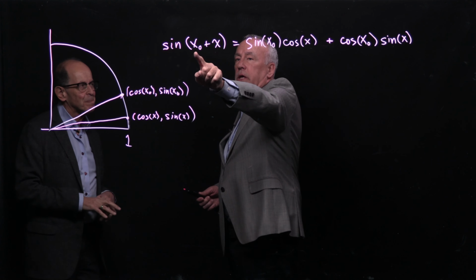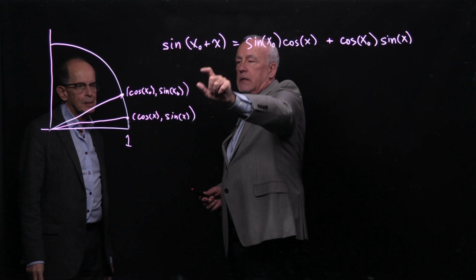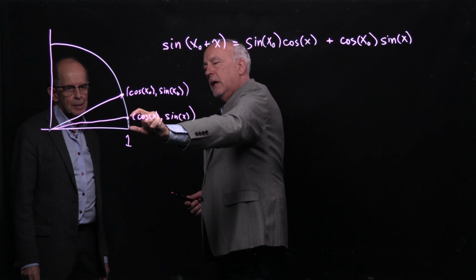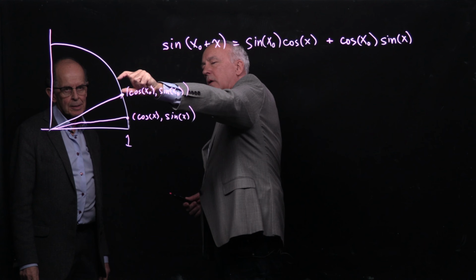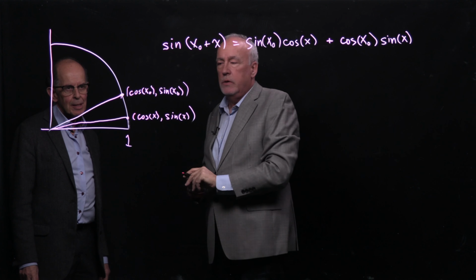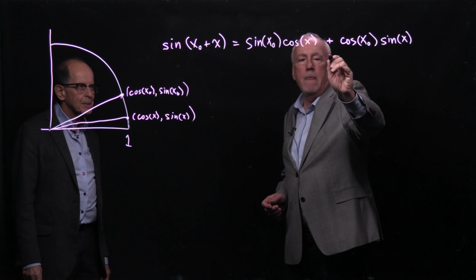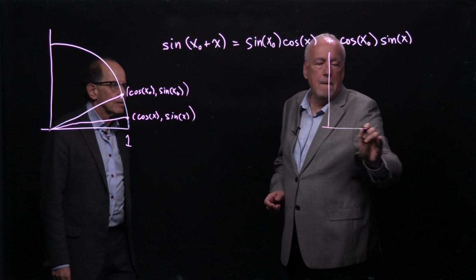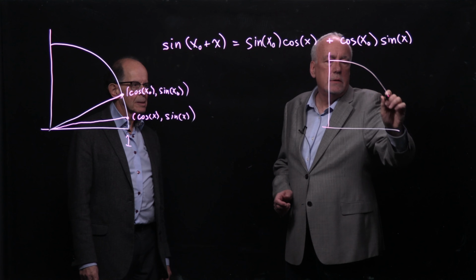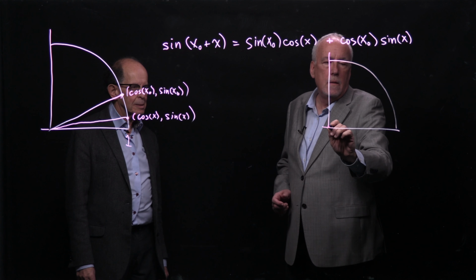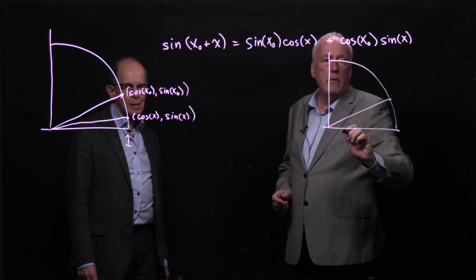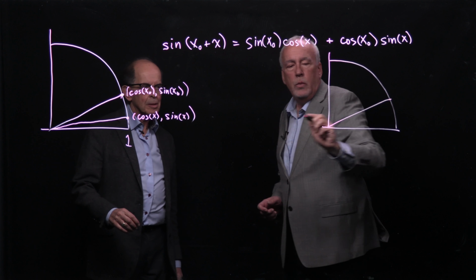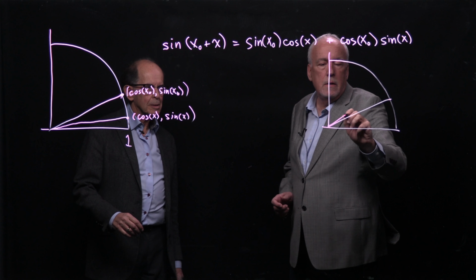Now, in this formula, you see we have x0 plus x. So what I'd like to do is take this and rotate it up to here. Can I draw a separate picture of that for you, Matt? Yeah, let's do that. So here's our x0 curve. And then I'm going to take this little wedge and just rotate it up here.